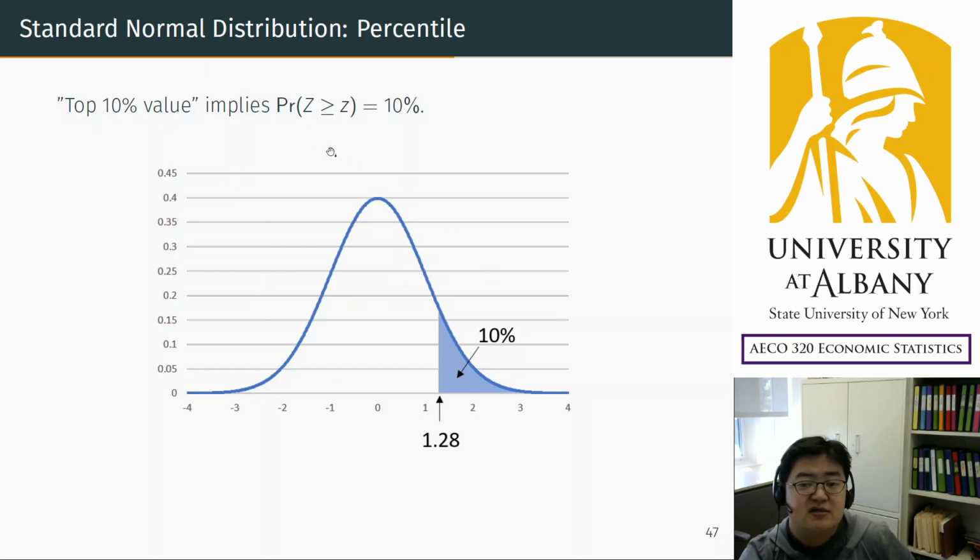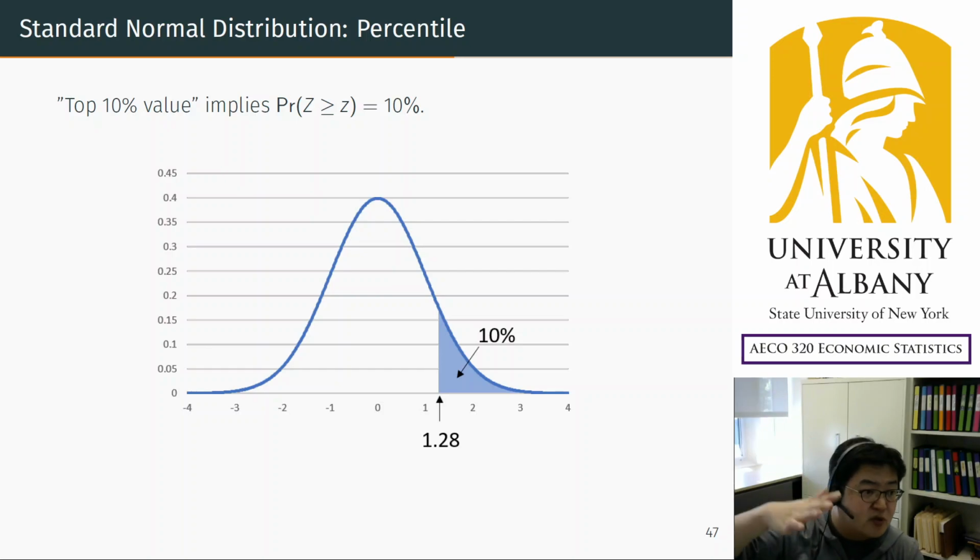Right? So this is confusing because when we say percentile, we calculate probability from the smallest to the point. But when I say top 10%, then we calculate probability from the top.